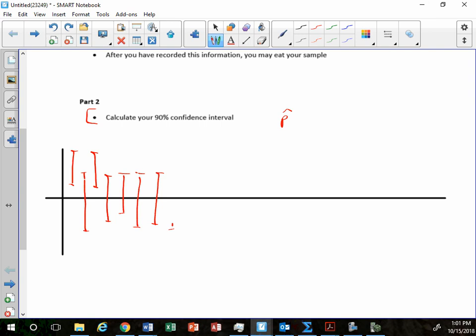Okay. Kelly? 0.11 to 0.35. Okay, so 11% to 35%. I just want to make sure we're all okay with this. Are you drawing it based on the numbers? Yes, sort of. That line in the middle matters. Stacey? 16 to 41. Okay. 2.56%.